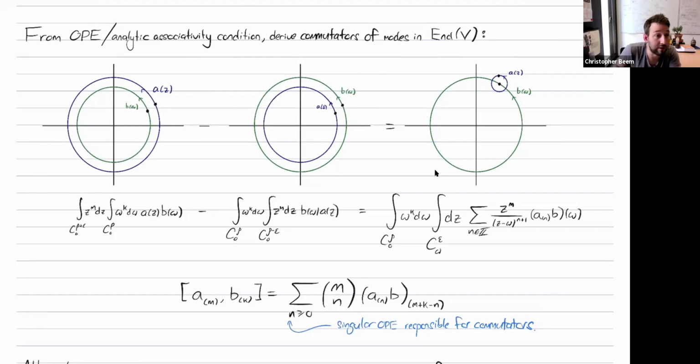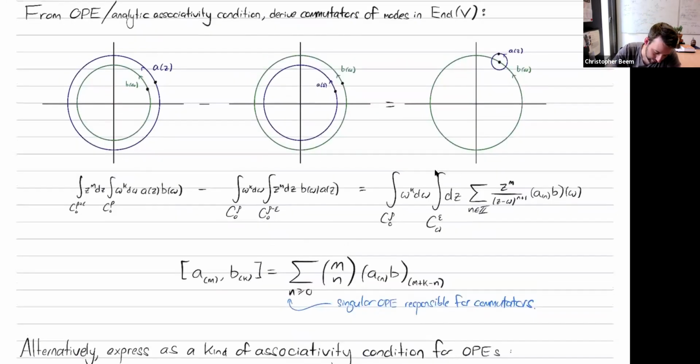And the difference between these can be contour deformed to a situation where A is getting integrated in a contour around B, and then that composite construction is getting integrated around the origin.